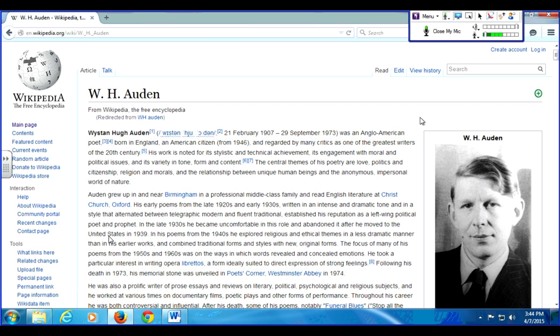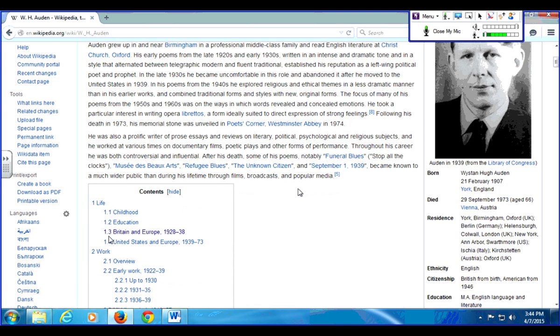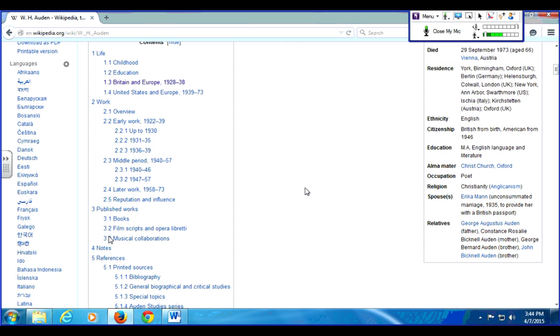This is what he looked like. There's a lot more detail on this than in the little biography that we looked at, and it talks about all of what he wrote about in his famous works. So it gives us a whole bunch of detail.